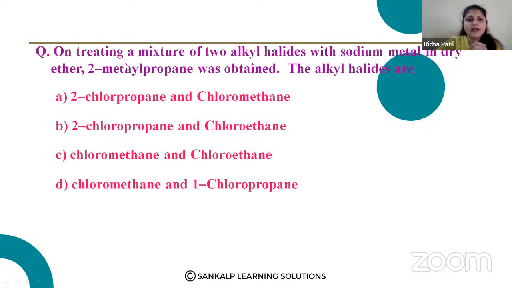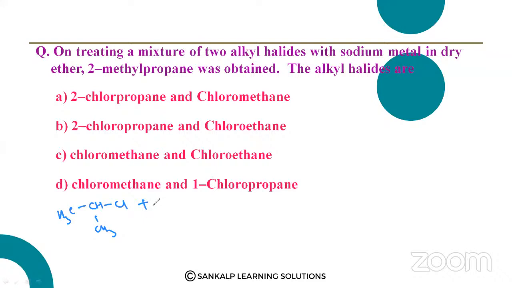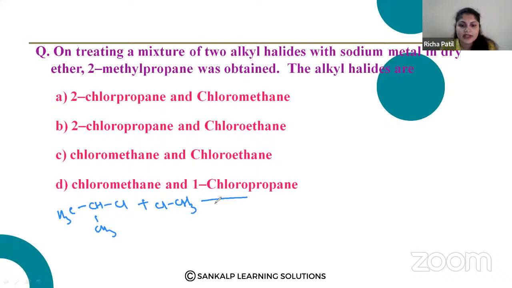Next, on treating a mixture of two alkyl halides with sodium metal in dry ether, 2-methyl propane was obtained. The alkyl halides are? So the reaction is CH3, CH, CH3, Cl gives 2-methyl propane, plus Cl, CH3, in the presence of 2Na.